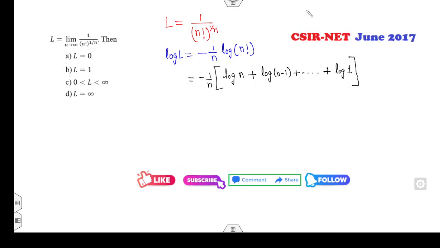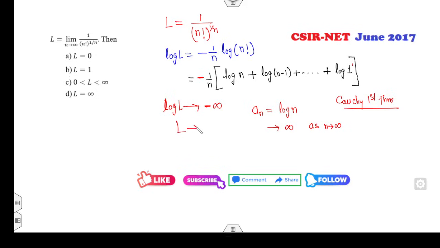So again you can see I can apply the Cauchy first theorem. What is my a n? It is log of n, which goes to infinity as n approaches infinity. So that number will go to minus infinity. So log of L goes to minus infinity. L will go to e raised to power minus infinity, that will be 0. So A is the correct answer.